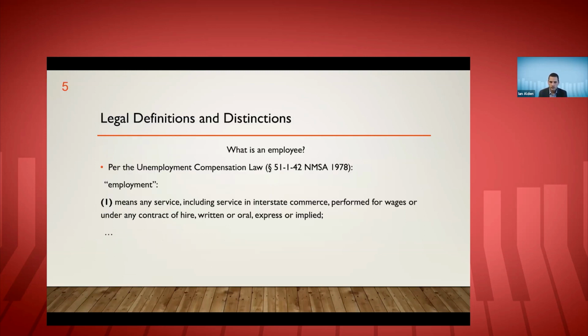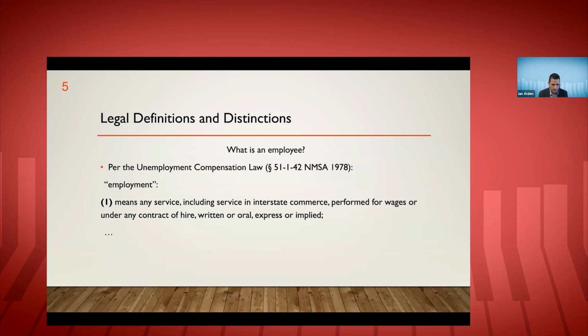So when you ask what is an employee or what is an independent contractor, you start with what is an employee, because we'll see that an independent contractor is essentially not an employee. So you ask what an employee is, and we're going to start with the ABC test with the New Mexico statutory definition of an employee, because that's as good a place as any to start.